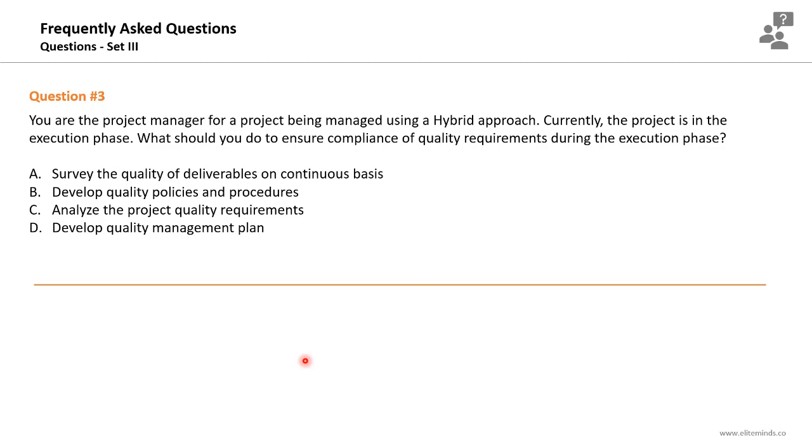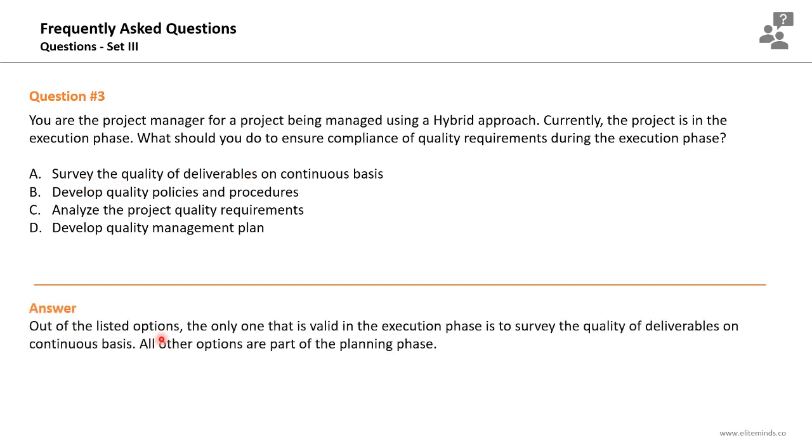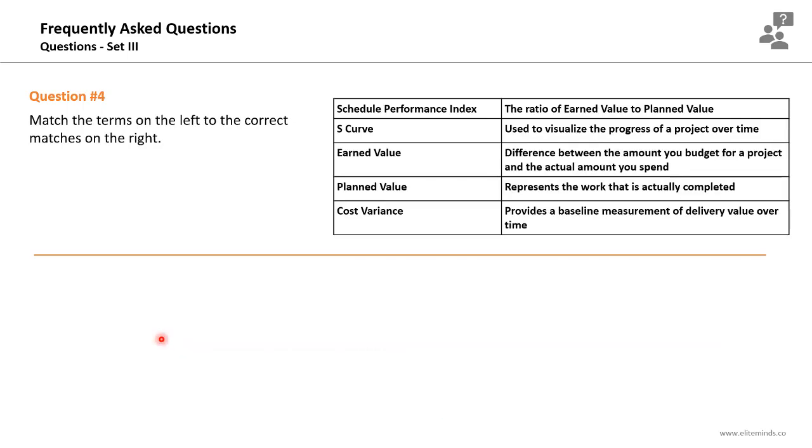Survey the quality of deliverables on a continuous basis, develop the quality policies and procedures, analyze the project quality requirements, or develop the quality management plan. Options B, C, and D are all done as part of the planning. Survey the quality of deliverables on a continuous basis as part of the execution phase. So this is the only valid response.